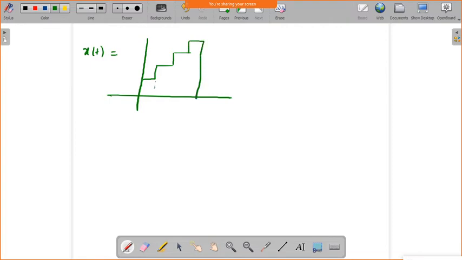This one is 1, this one is 2, this one is 3, and this one is 4, and this is t. Now g of t, one more signal which is defined here, between -1 and +1.